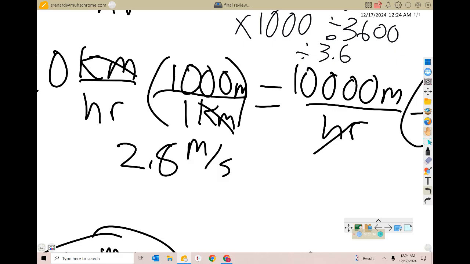So 10 kilometers an hour is 10,000 meters per hour. If I was going 1 foot per hour, that'd be the same thing as going 12 inches per hour. They're equivalent measurements. 1,000 meters in 1 kilometer, same thing. So I'm going 10,000 meters in 1 hour.